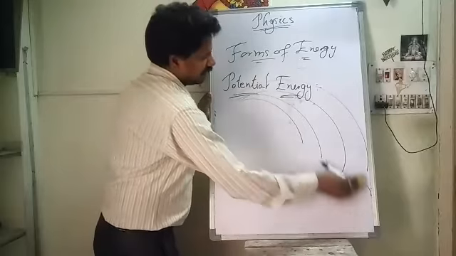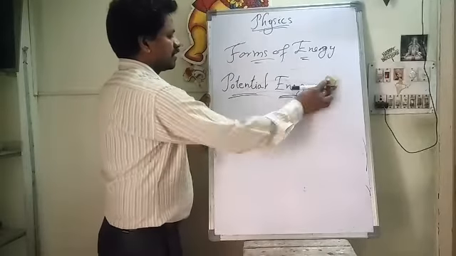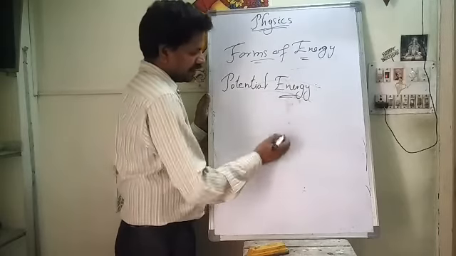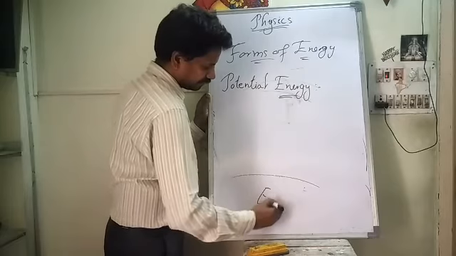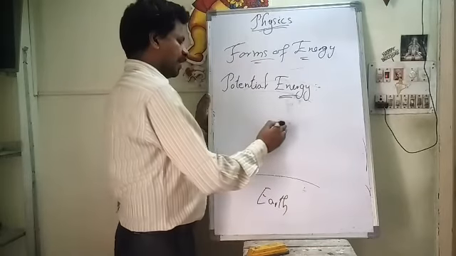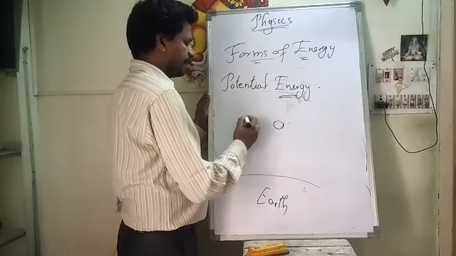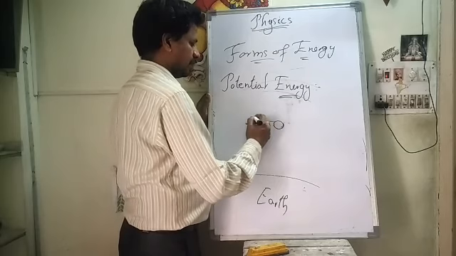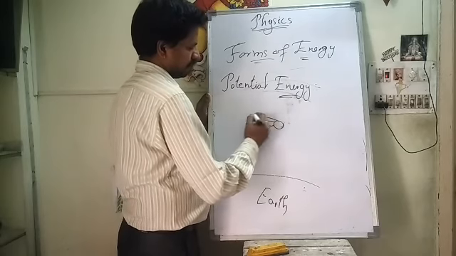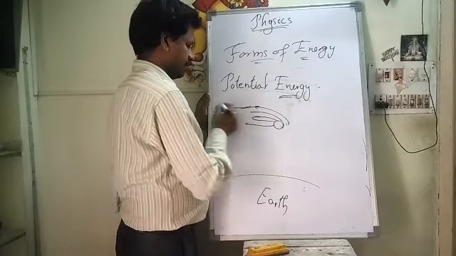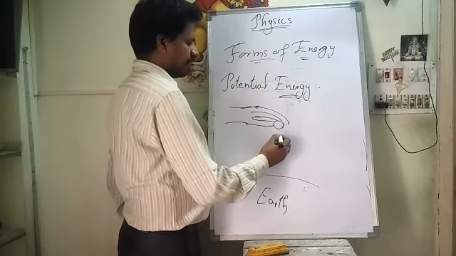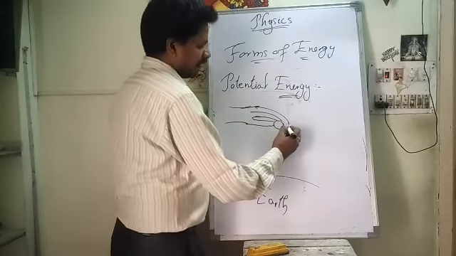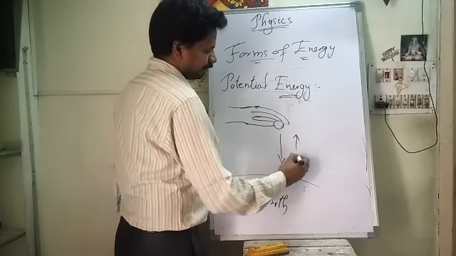Next we are going to discuss another form of potential energy. See, this is the earth. If you drop any object, the earth pulls that object from a certain height.